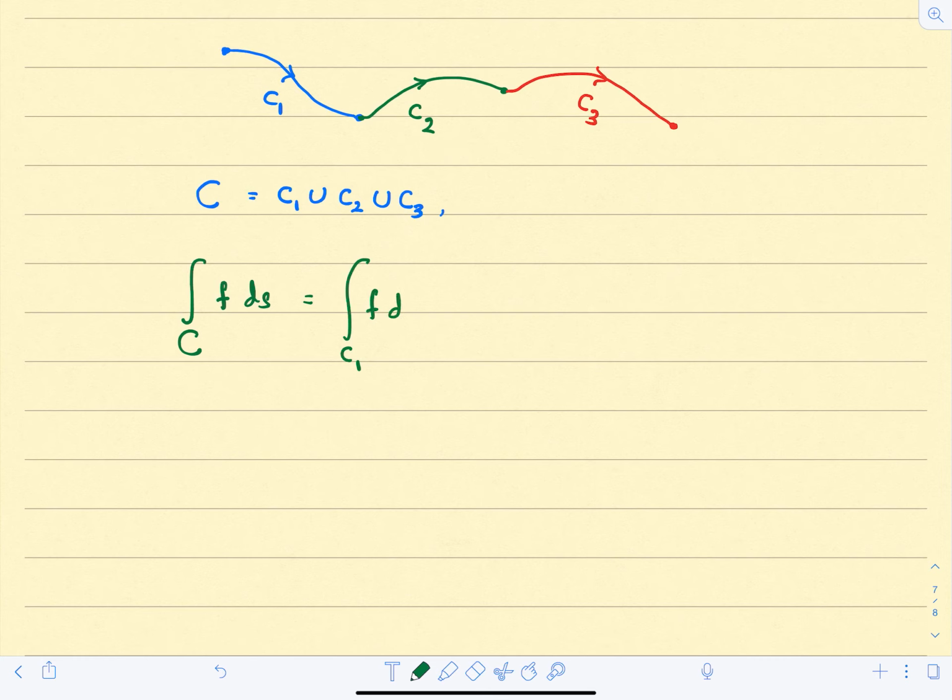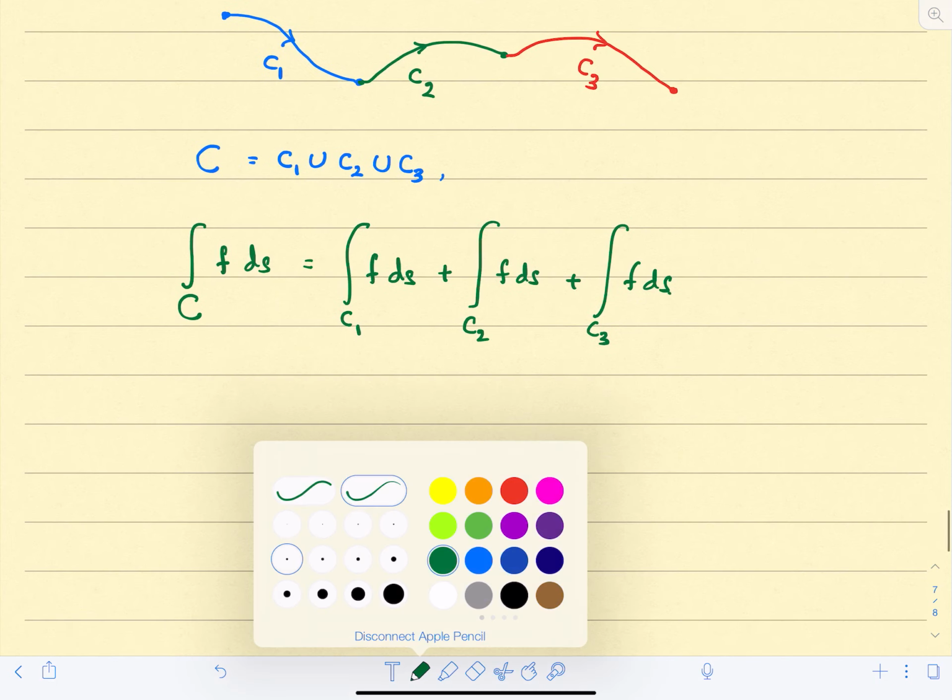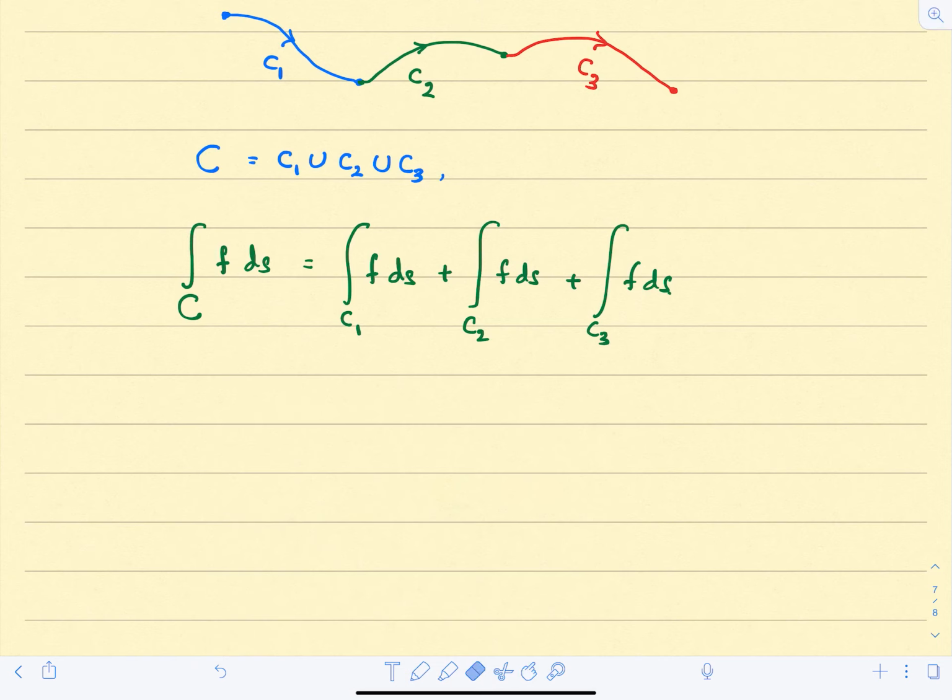So line integral over the curve C1 plus line integral over the curve C2 plus line integral over the curve C3. Let me draw it in red.